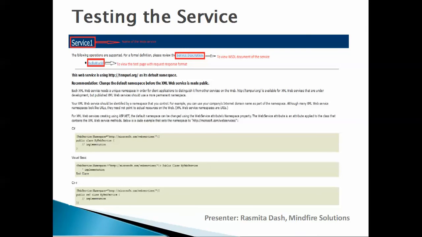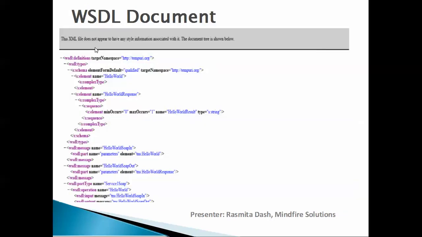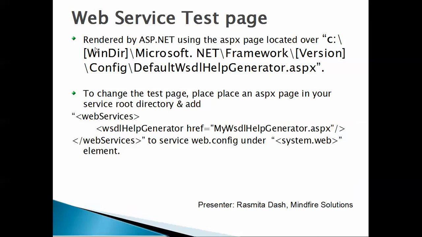Oh, I forgot this. This is the name of the service that you are exposing. Next is the help document. I explained it, and the default WSDL help generator that I was talking about, and I talked on this also.